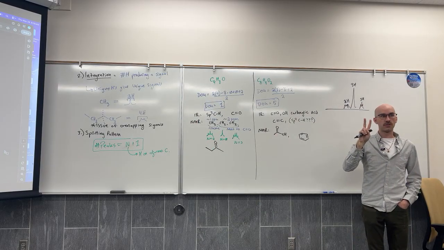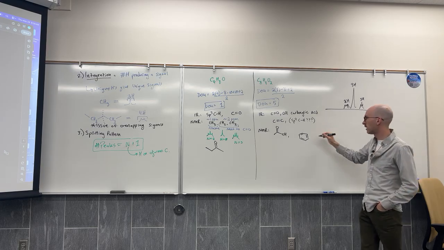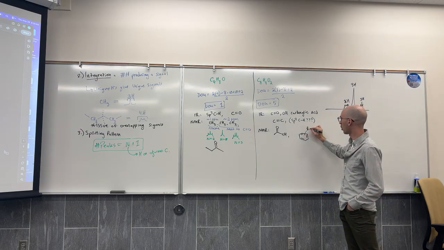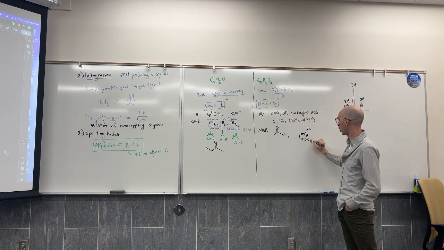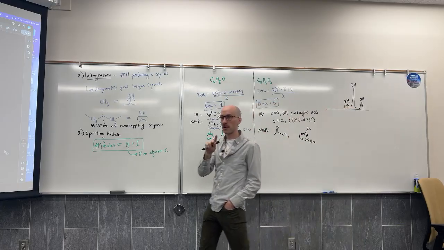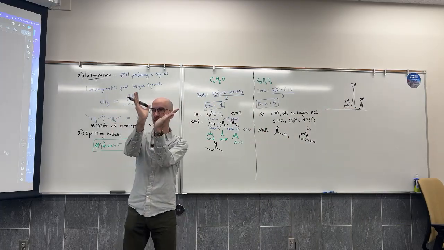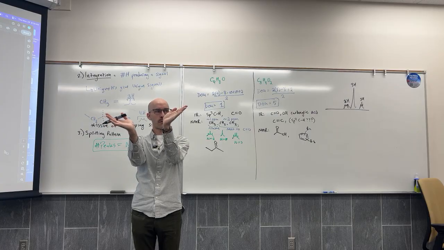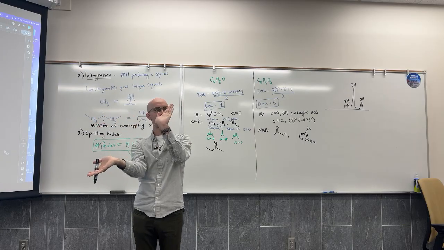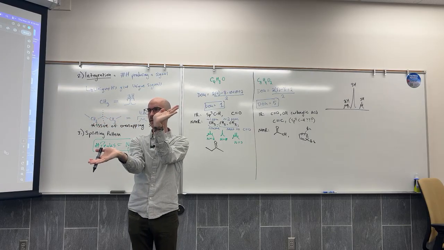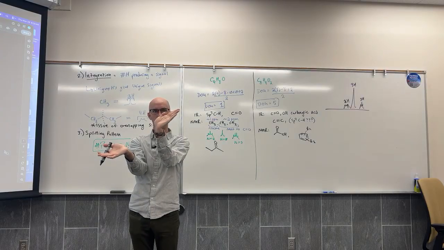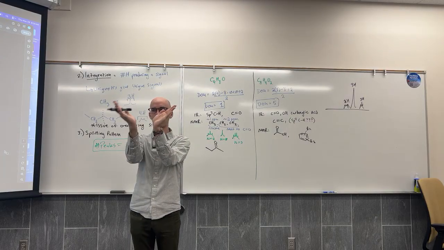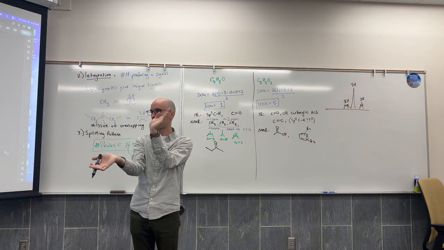It's got 2 groups connected off of it. Here's what I'm going to do. I'm going to say R1 and R2. I know that there are 2 groups, but are those 2 groups adjacent to each other, 1,3 to each other, or exactly opposite, 1,4 to each other? I don't quite know just by knowing that there are 2 groups off of it. I don't know the relationship.